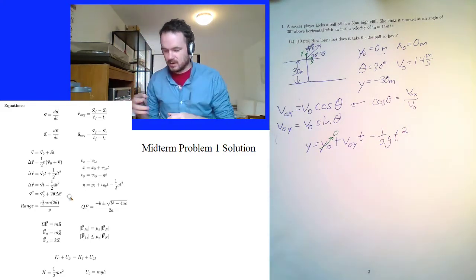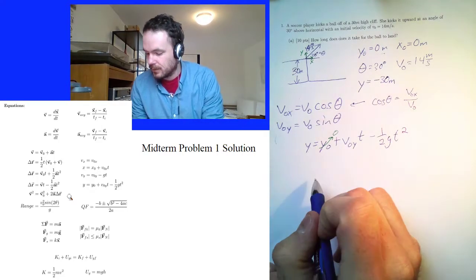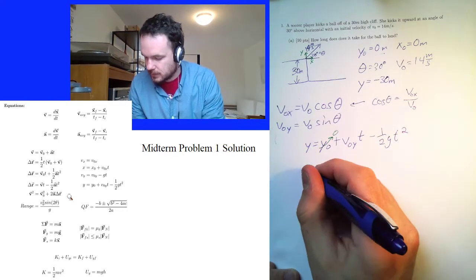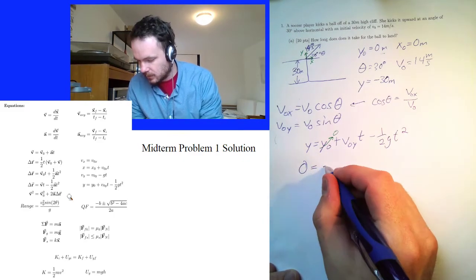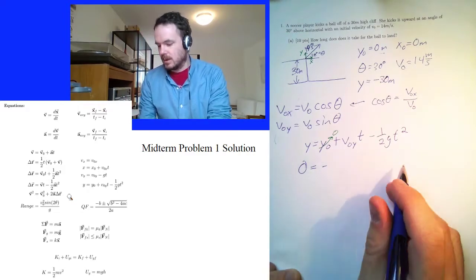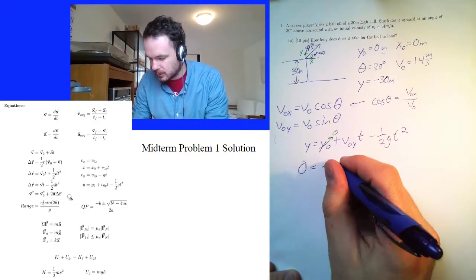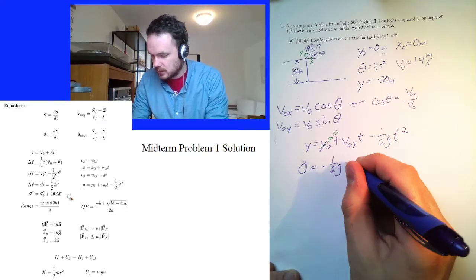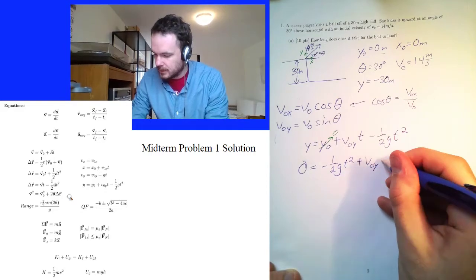Unfortunately, we're going to have to do some quadratic formula, but that's okay, we can do that. So I'm going to get everything over to one side, so solve to equal 0. I'm also going to rearrange the order, because this I want to have first with the t squared in it. So minus 1/2 g t squared plus v0y t.